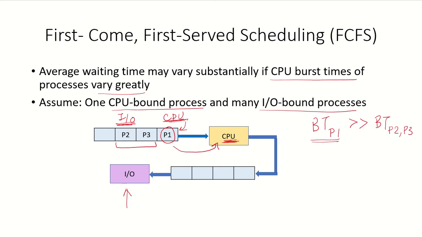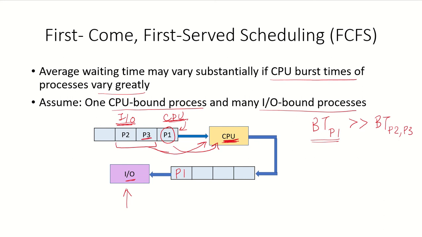Meanwhile, the IO devices are sitting idle and P2 and P3 are waiting in the ready queue because the CPU had been allocated to P1 and P1 is taking a very long time. Now suppose P1 finishes its execution on the CPU and has gone for an IO. So it has come in the wait queue over here and now P3 will be given the CPU. P1 uses the IO and P3 uses the CPU.